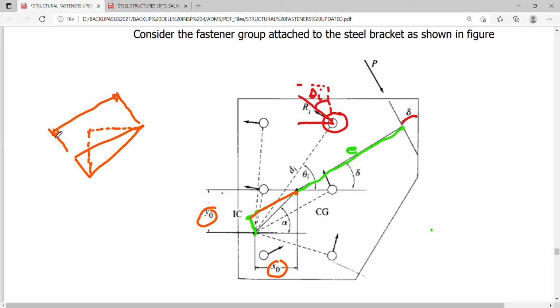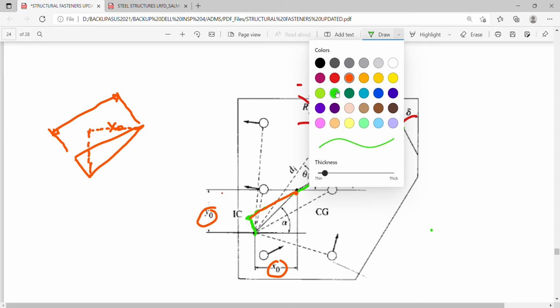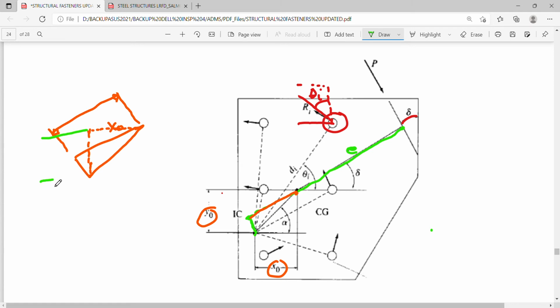Okay, so taking note that this is XO distance, and this total vertical distance here is simply a YO distance. Okay, so if we're going to extend this value here, so this is a YO distance. Okay, so what is now this distance here?